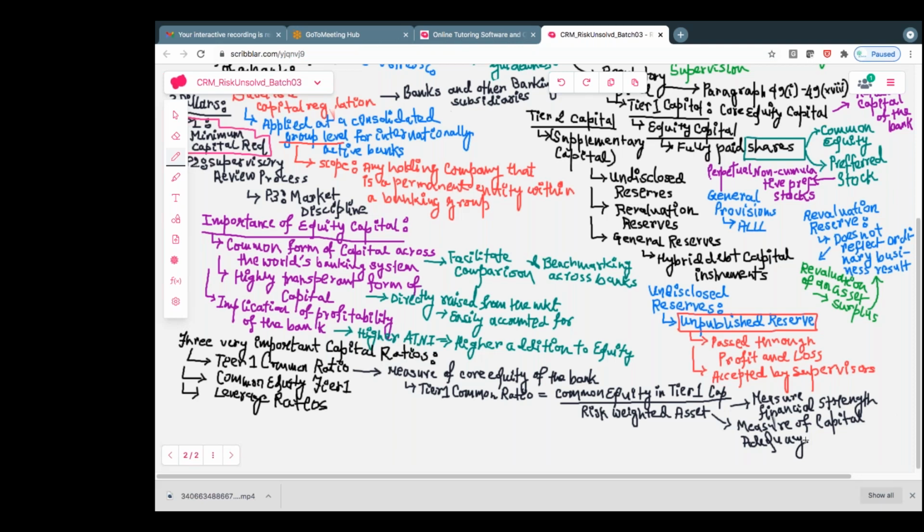What are the components that go into calculating the equity? Within this common equity, number one of them is the CET. One of them is the common shares which are issued by the bank.